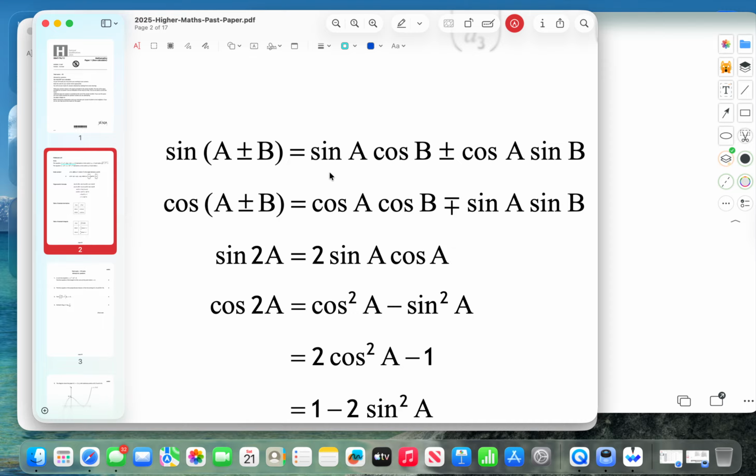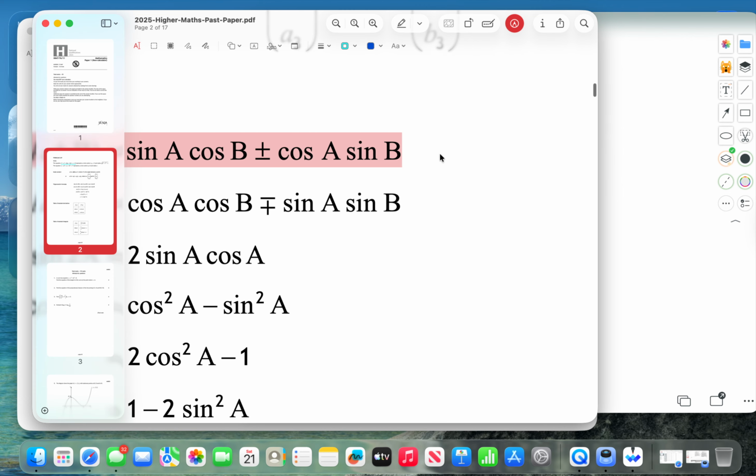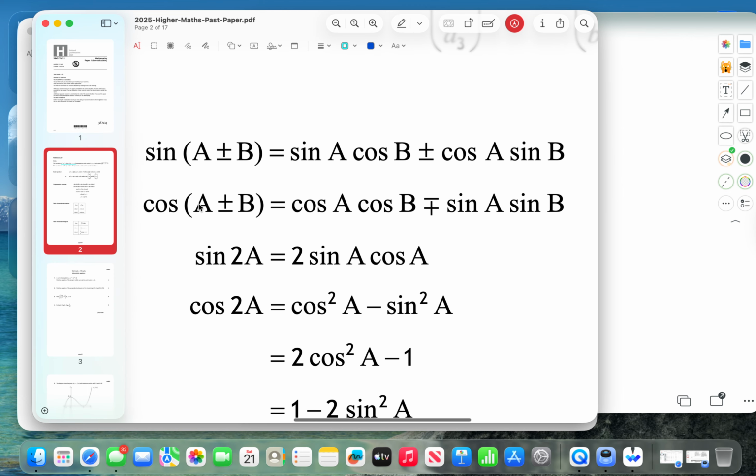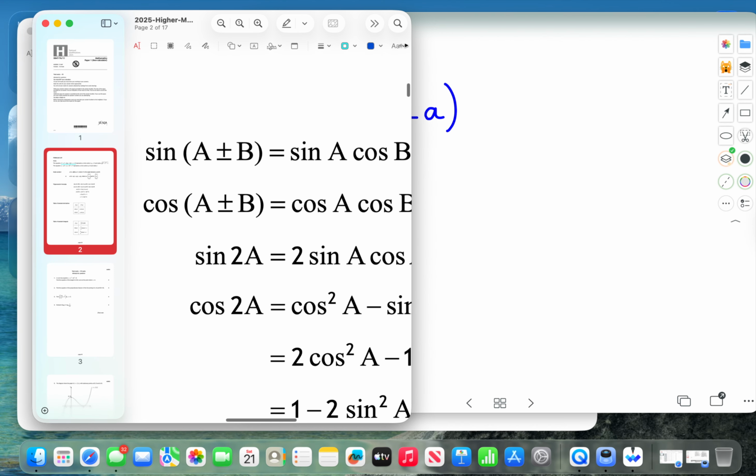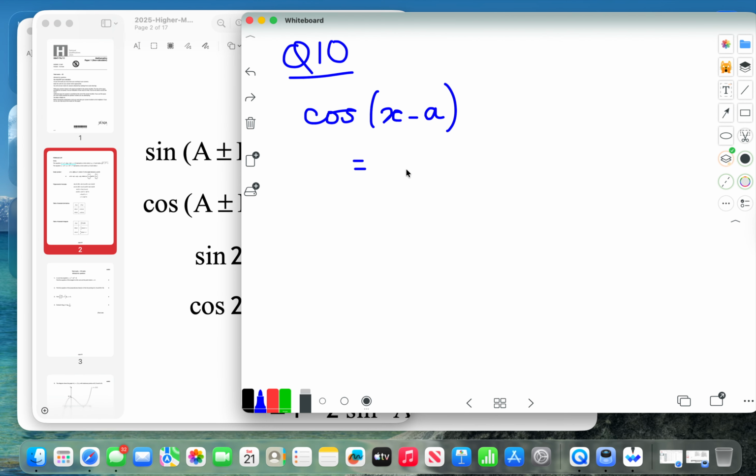It's the formula sheet, and you're given this format. You're also given this one. We have cosine(x minus a), so instead of writing a and b, we use small x and small a. So let's start this.